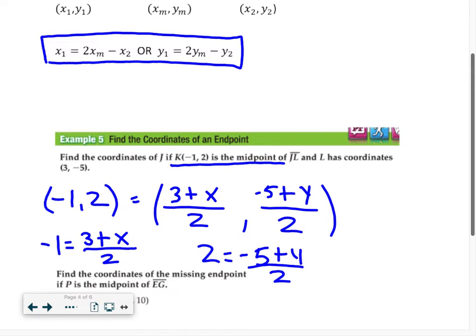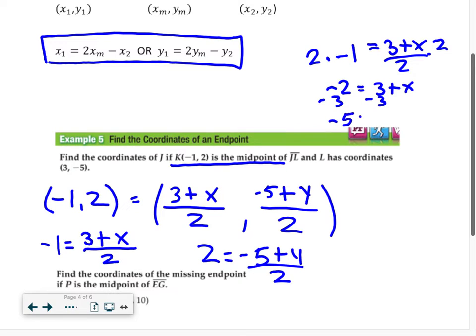So to solve this first one, let me come up here where I've got a little more room. -1 is equal to 3 plus x over 2. You multiply both sides by 2, so -2 equals 3 plus x. You get that -5 is the x coordinate. For our y coordinate, the equation was 2 equals -5 plus y over 2.